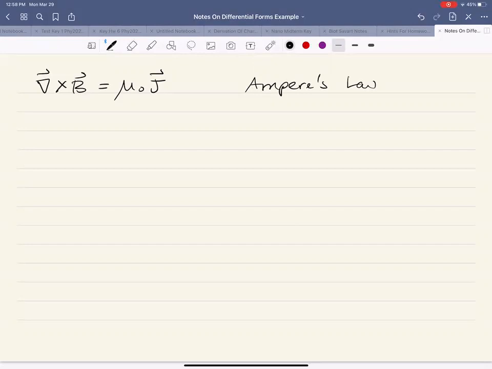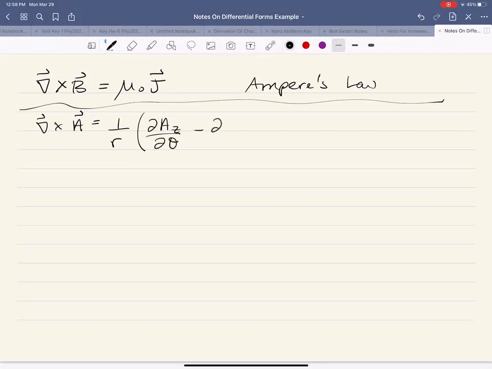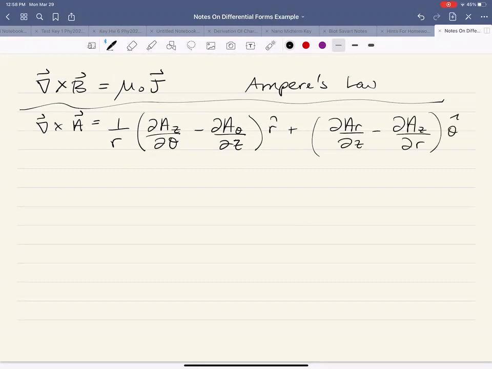Yet again, the back cover of your textbook has a formula for your generic cross product for a generic vector A, and it's del cross A is equal to 1 upon r, partial of A_z with respect to theta, minus partial A theta with respect to z, r hat, plus partial A_r with respect to z, minus partial A_z with respect to r, theta hat, plus 1 upon r, partial with respect to r of r A sub theta, minus partial A_r with respect to theta, z hat.